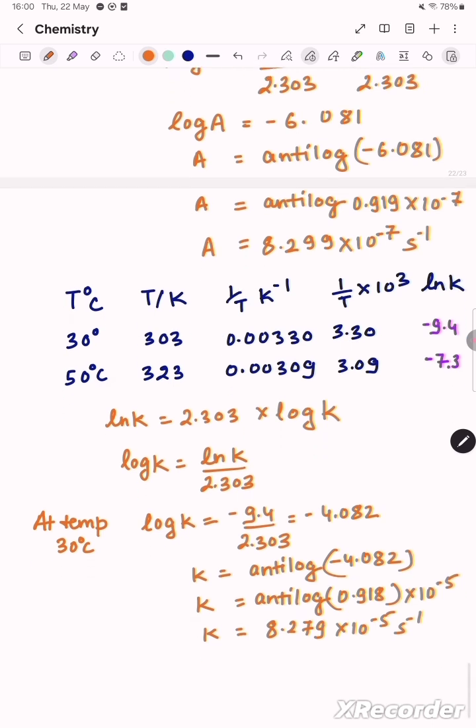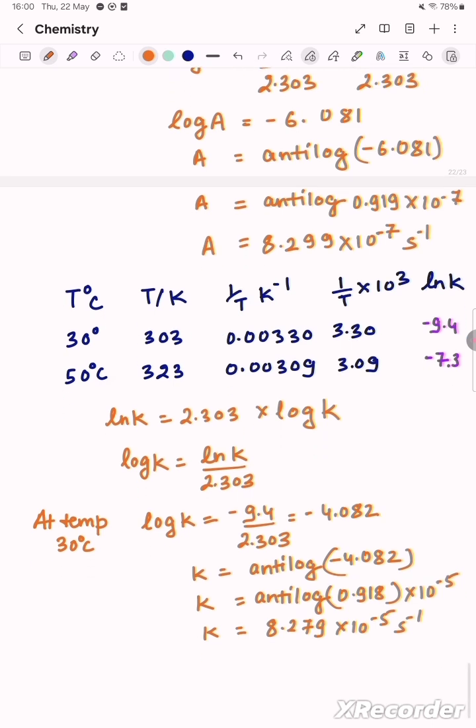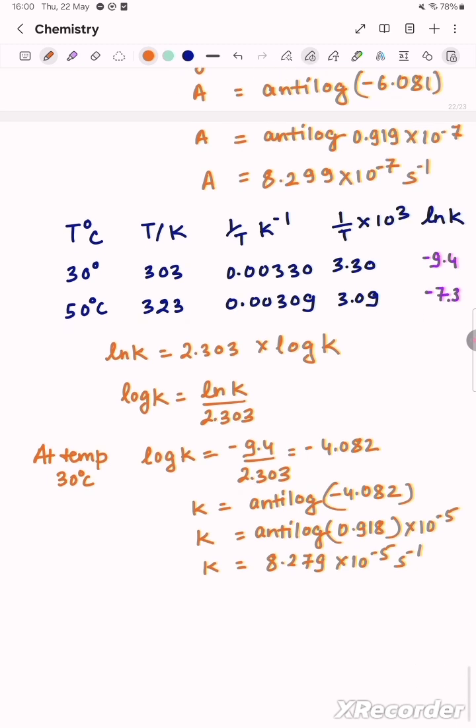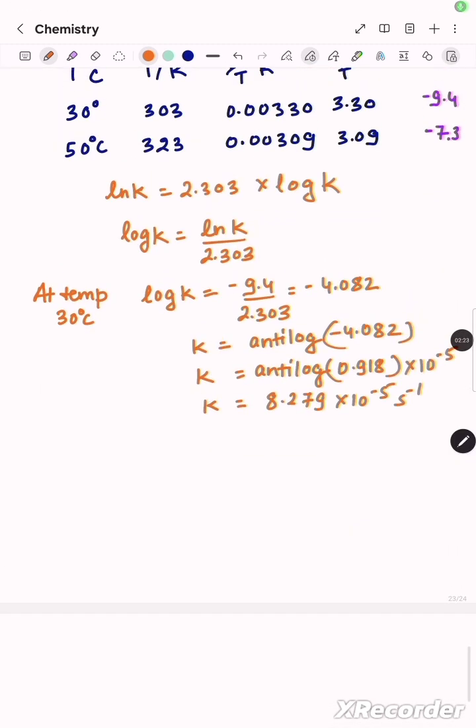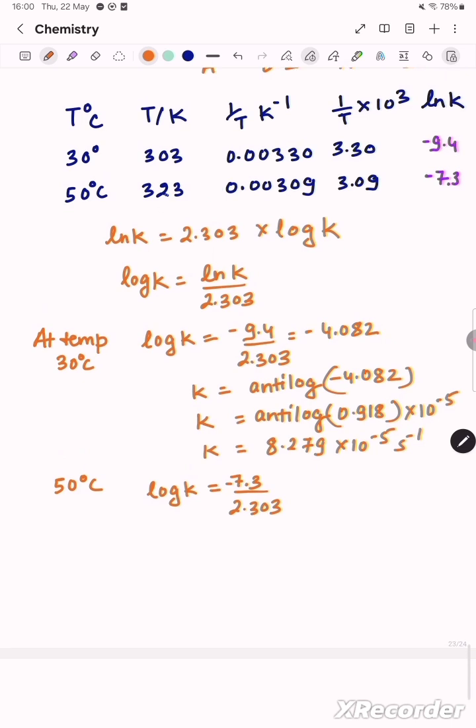Now next we calculate the log k value at temperature 50 degrees Celsius. At 50 degrees Celsius, log k is equal to minus 7.3 divided by 2.303, because at 50 degrees Celsius the ln k value is minus 7.3.